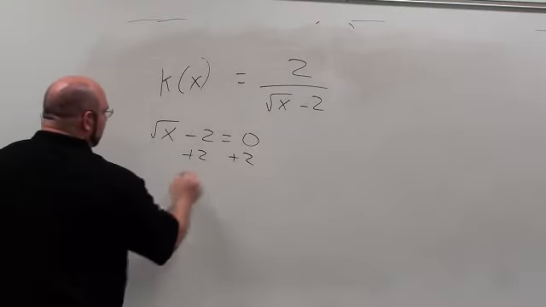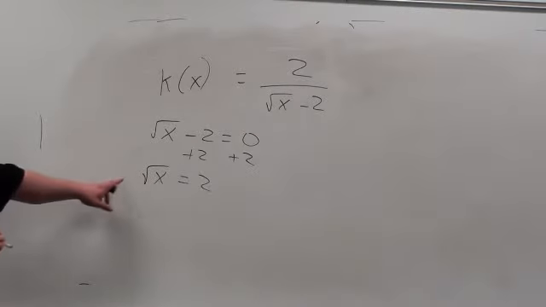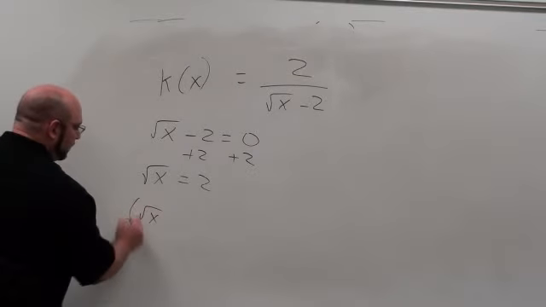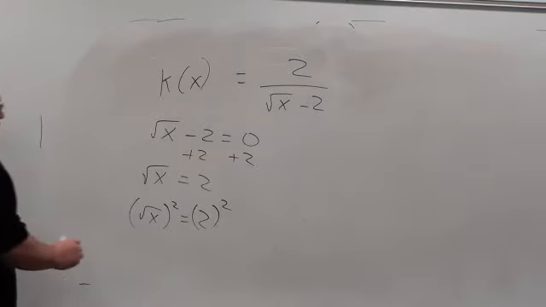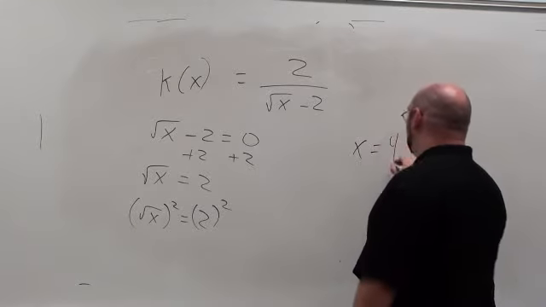I add 2 to both sides. Square root of x is equal to 2. To get rid of the square root, I'm going to square it. So x is equal to 4.